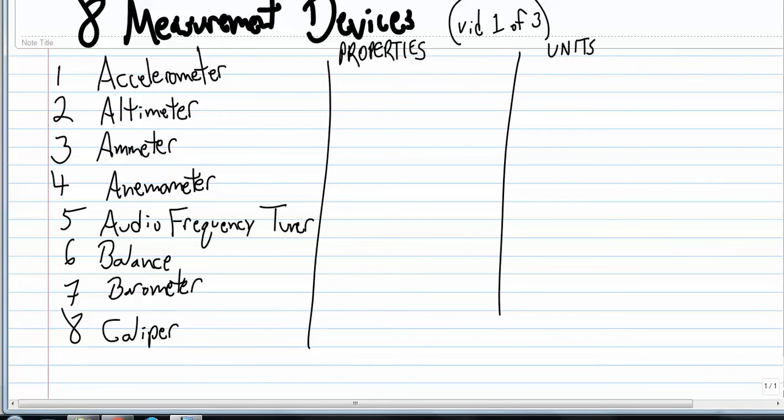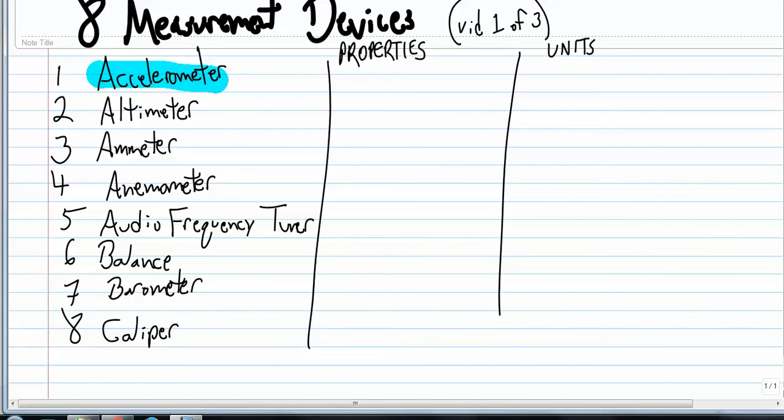Okay, so starting with accelerometer. What in the heck is an accelerometer? An accelerometer is a device that detects acceleration. In other words, a change in velocity. Not just a change in speed, but also a change in direction.